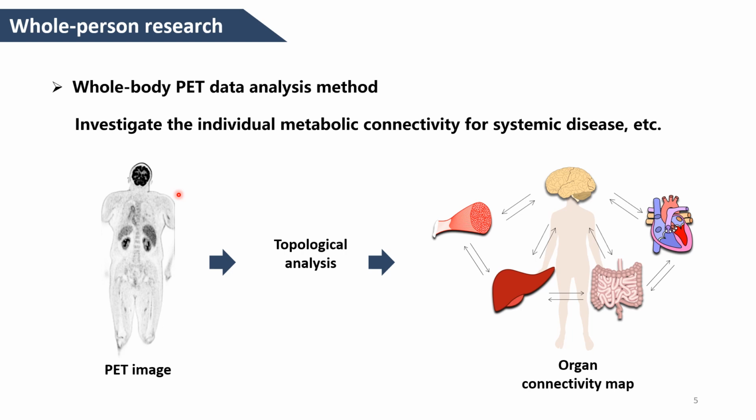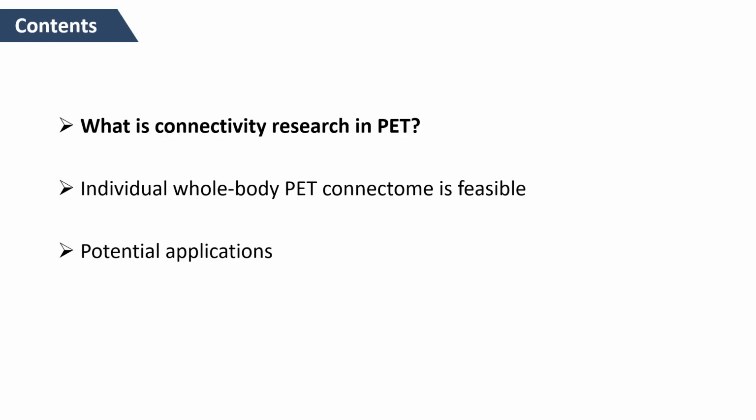Combining with non-FDG tracers, it will not only provide us a different angle to see existing problems, but also open the door for many unimagined opportunities. In order to fully uncover the hidden patterns at the whole body level, besides hardware, we also need proper software to allow us to investigate the connections among organs, hence the cell, protein, and genes. This really motivated us to propose connectivity analysis for whole body PET imaging.